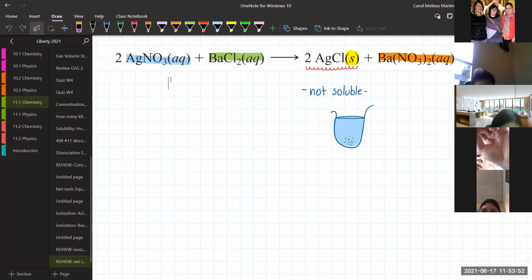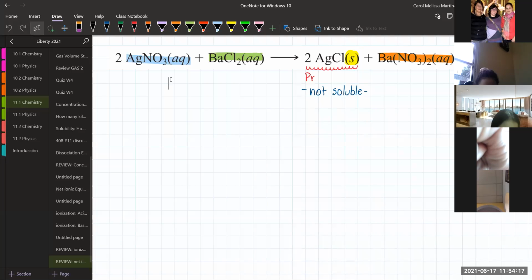Even if you stir it for like 2 hours, the sand will remain in the bottom. That is because sand is not soluble. When you have particles that are not soluble, it means that you have what we know as a precipitate.